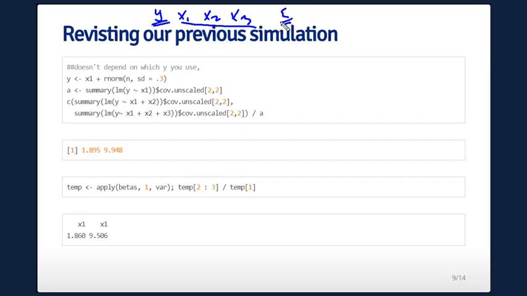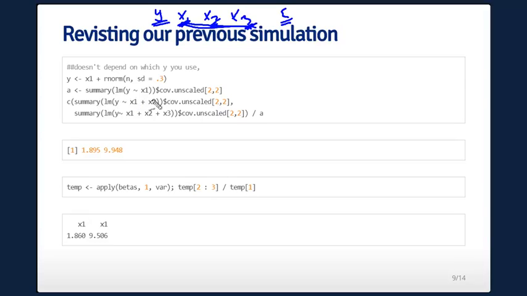It only depends on x1, x2, and x3. So you can calculate this for any given problem. Say we're interested in variable x1, and what's the consequence to the real standard error of including x2 versus including x3, in terms of the true standard errors expressed as a ratio of the standard errors.